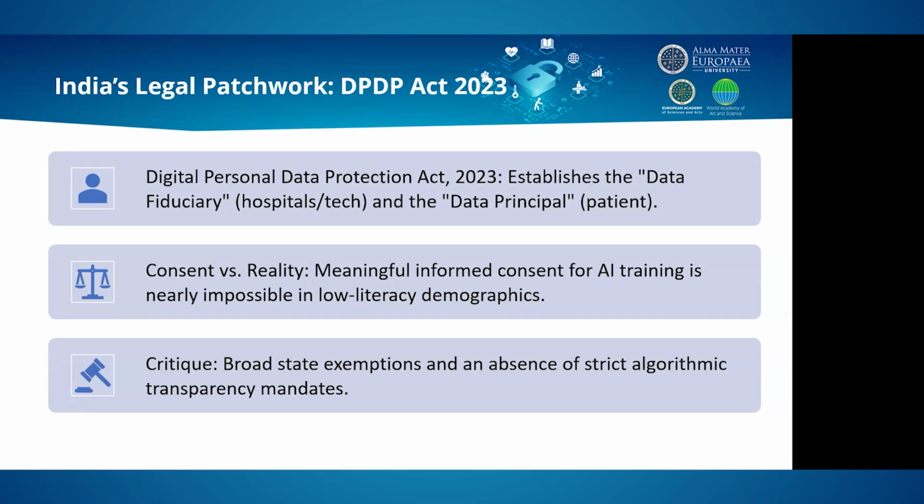And the question remains as to how exactly you obtain meaningful informed consent to train a complex neural network from a patient who lacks basic digital literacy. The law actually looks great on paper, but in a practical sense, it's highly fragile.